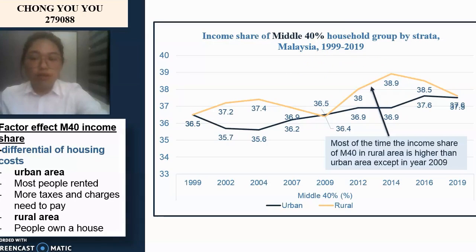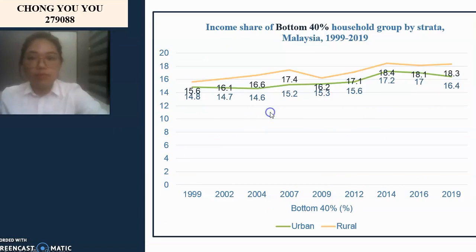In urban areas, due to the high price of property, most people choose to rent, compared with people in rural areas who own a house. Besides the rent fee, there are also taxes and charges to pay in urban areas, such as the parking fee and the service charge. This is what makes people in urban areas have a lower net income.